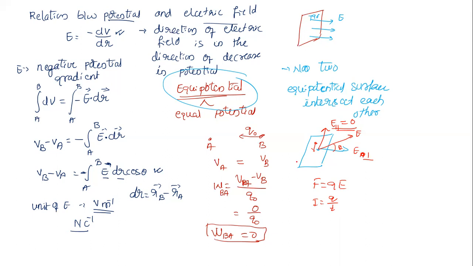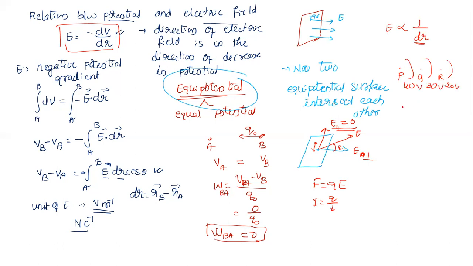One more point: here the electric field is proportional to 1 by dr, since dv is constant. If I take some points P, Q, R with potentials 40, 30, 20, the potential goes on decreasing.